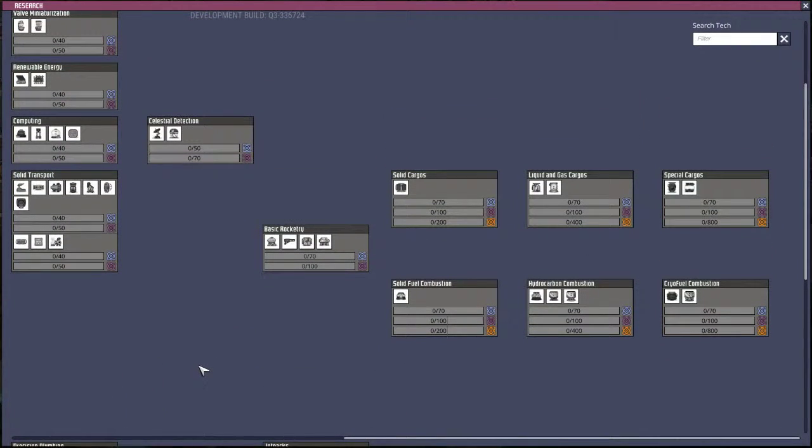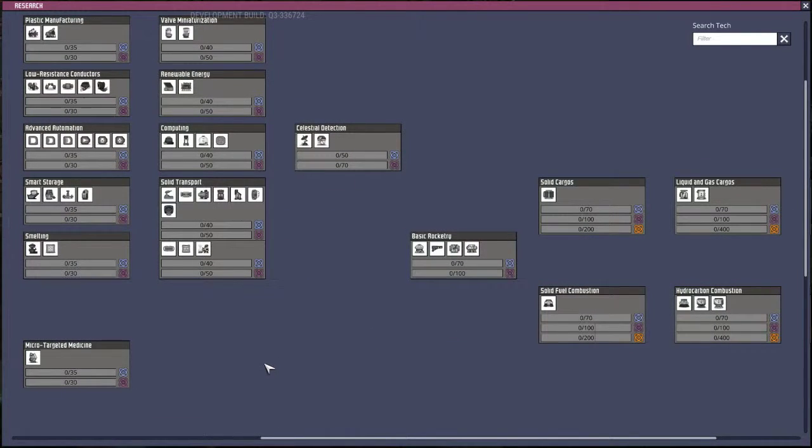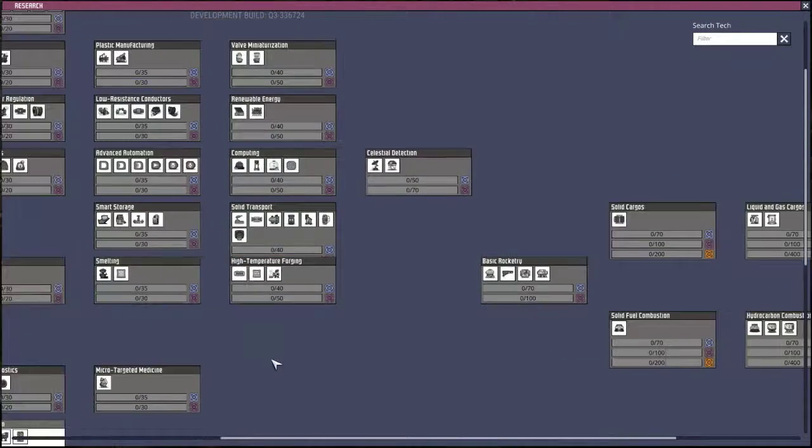I've only ever launched one rocket, and it crashed coming back because I made mistakes. But I'm hoping to do that more regularly now.